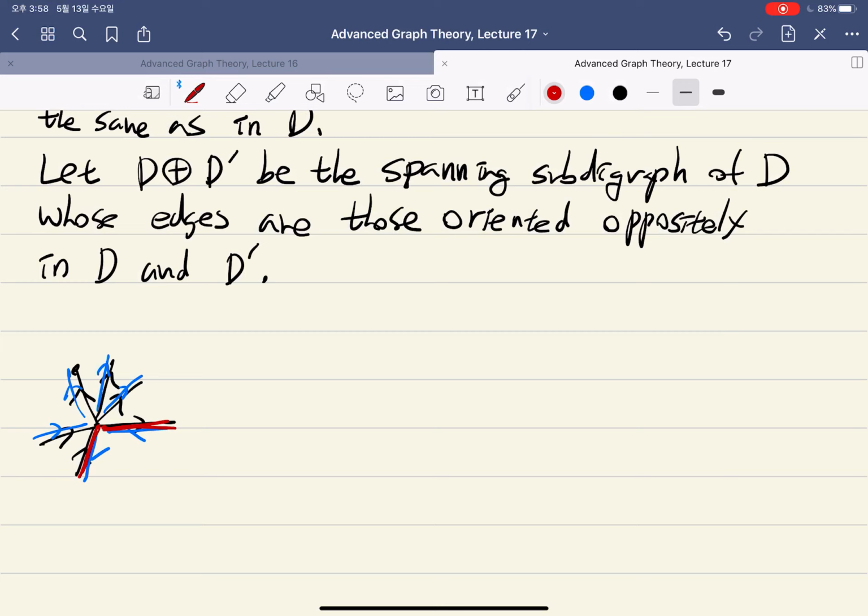And we take the subdiagram of D. So this is oriented this way and this is oriented in this way.